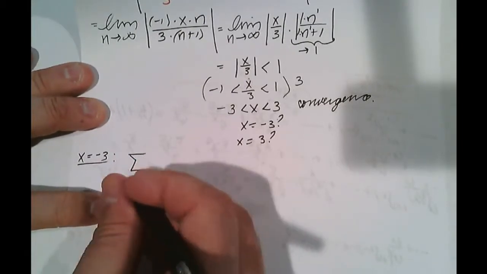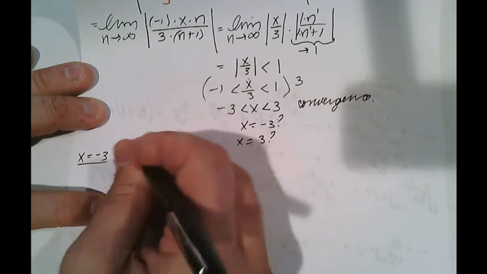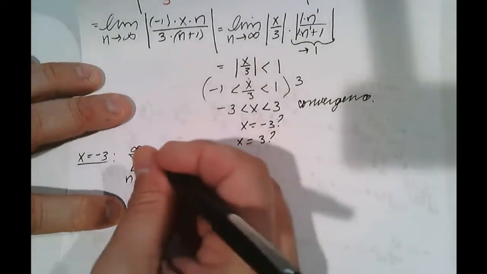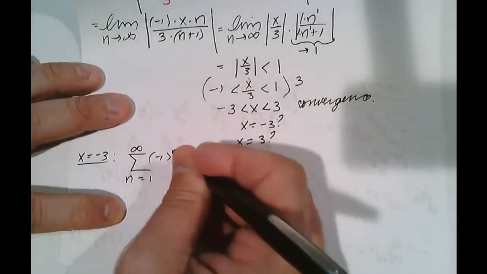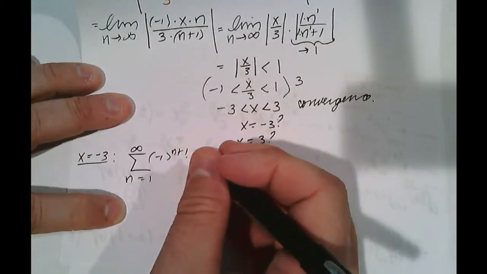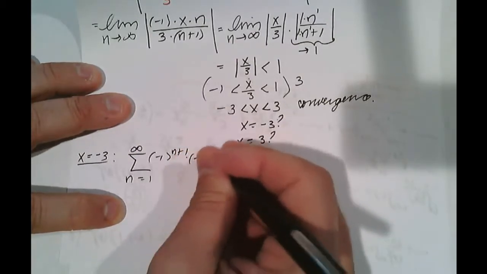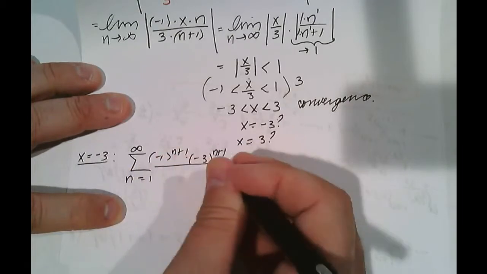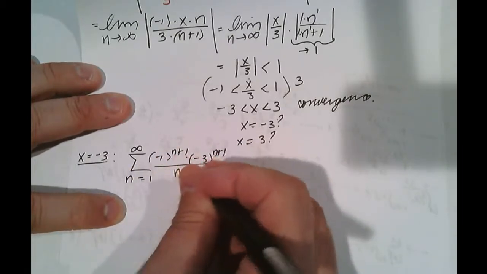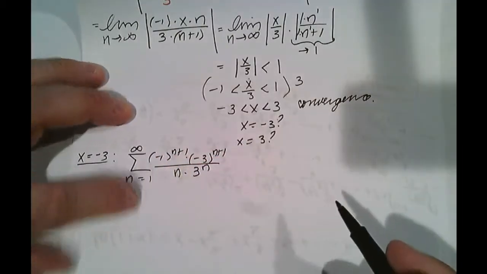So I've got my series, we're going from 1 to infinity. We have -1 to the n plus 1, x to the n plus 1 power, over n times 3 to the n.